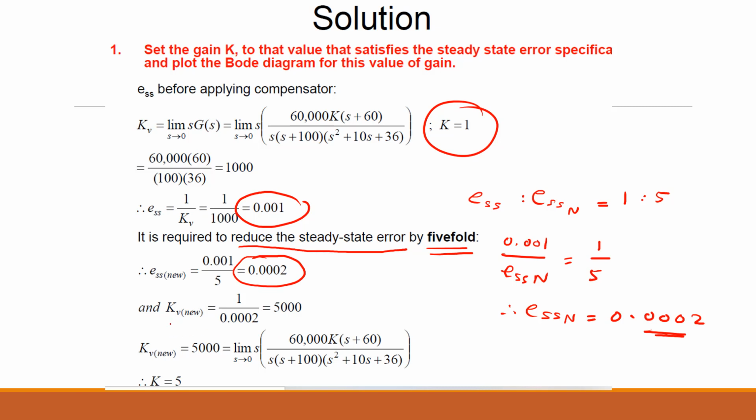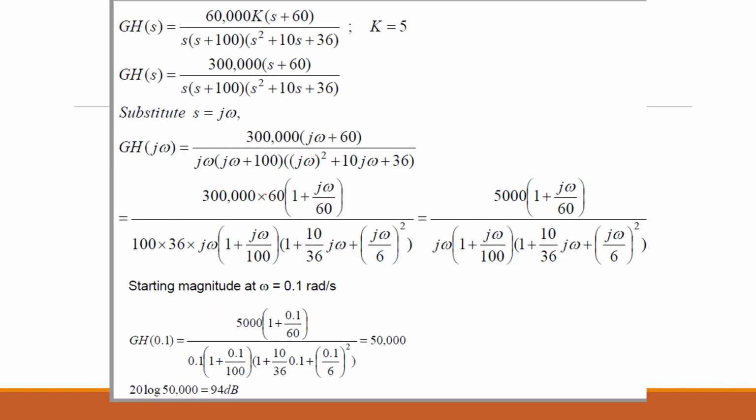Okay, so we can find the KV new, which is 5,000. From the gain KV new, we will get a new gain K of 5. This is the new gain K, which we need to find from the Bode plot.